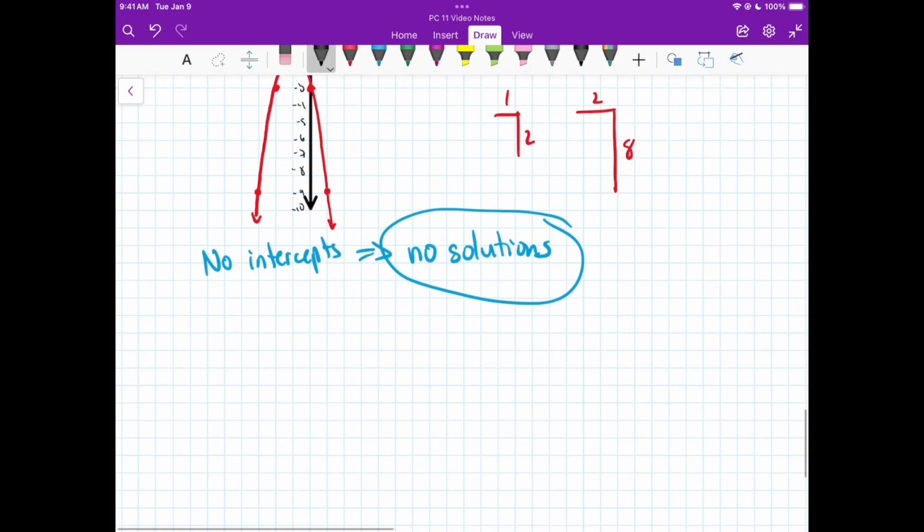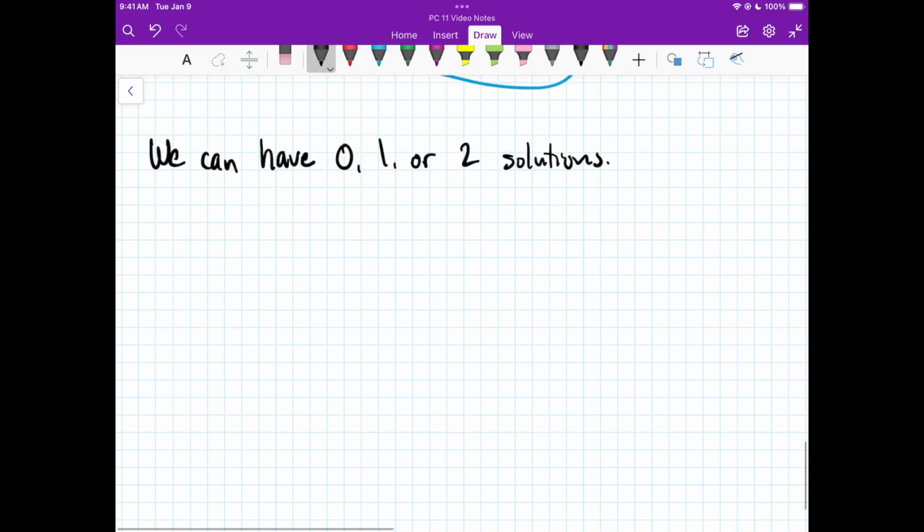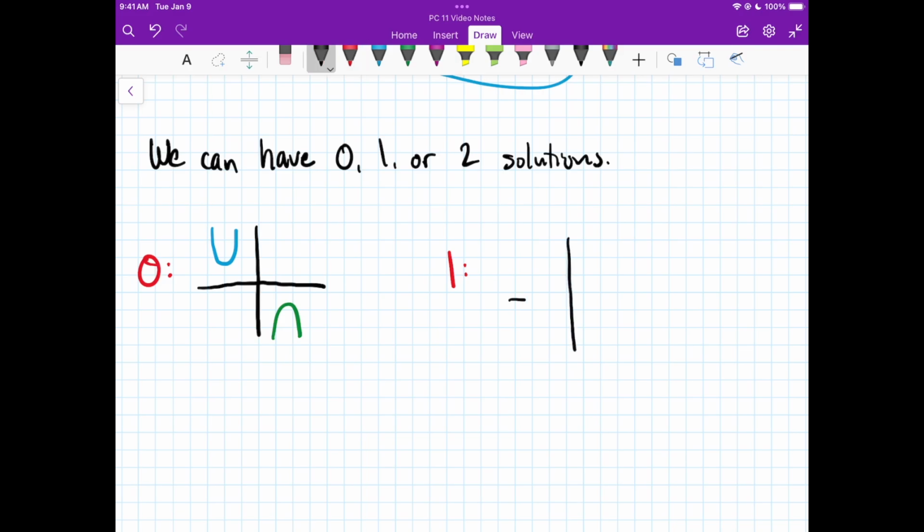So in the grand scheme of this, we can have 0, 1, or 2 solutions. Here's a quick sketch of what those 3 situations look like. 0 solutions is exactly what we just described, a graph that has no x-intercepts. 1 solution, we also saw earlier, is where your vertex is an x-intercept.